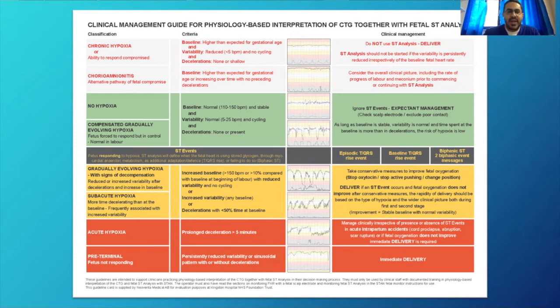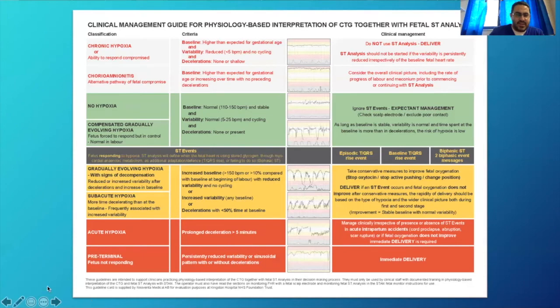Anything outside the green, the midwife in the room needs to inform the obstetric team and the coordinator, which means that if there is any rise in baseline, you will have to be informed. And that is what our policy and the guidelines are saying. You want to be aware because that's your chance to act or intervene to make baby better. Obviously, if there is any acute hypoxia or preterminal trace, you will know, the alarm will be going off.